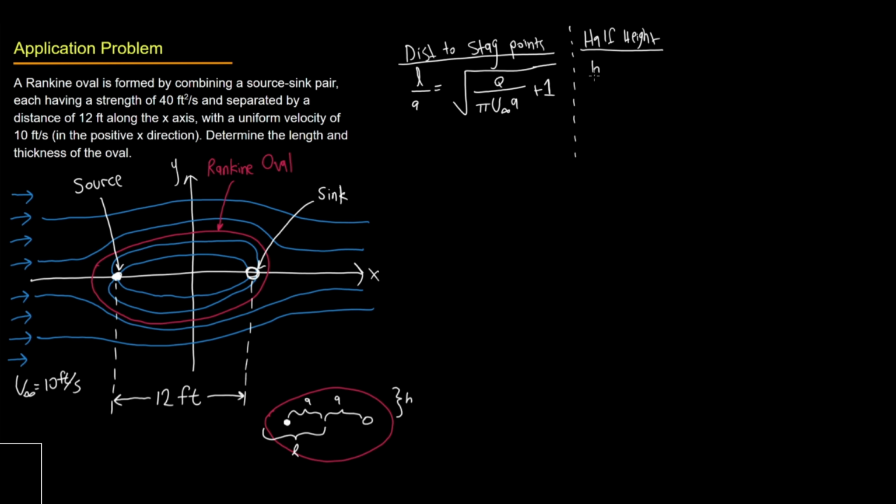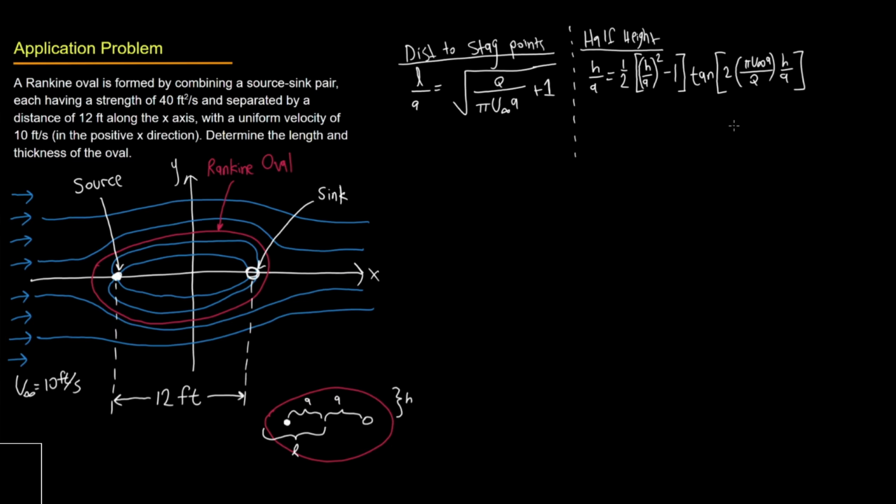Here we have h over a is equal to 1/2, h over a quantity squared minus 1, times tangent of the quantity 2 times the quantity of pi u infinity a over q times h over a. So here are the two key equations we need, both of which are somewhat implicit.